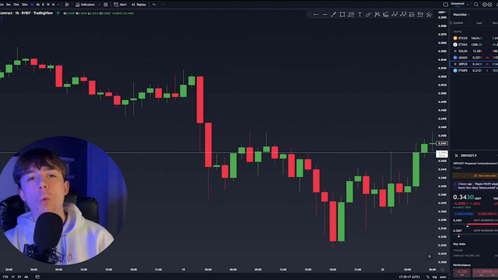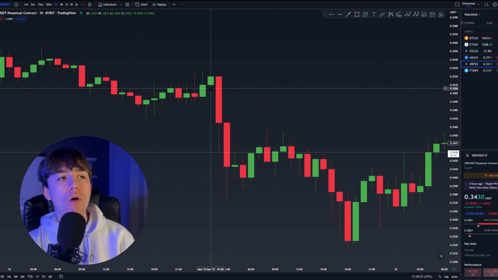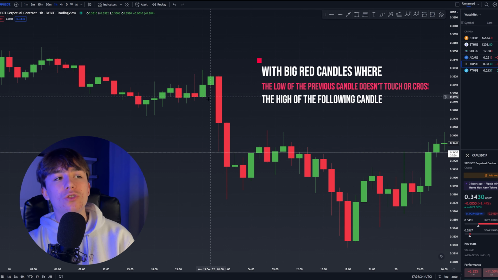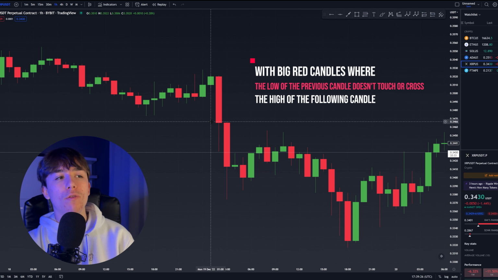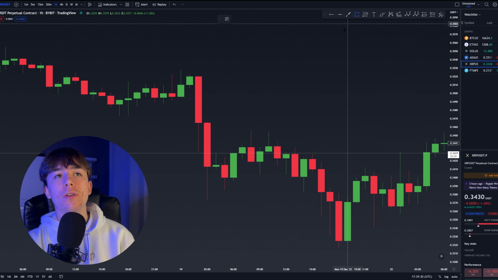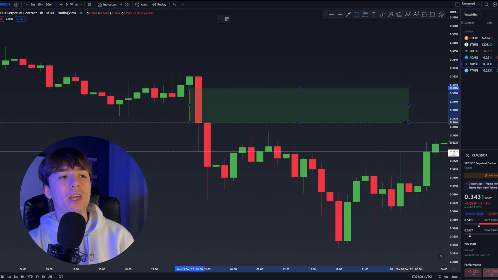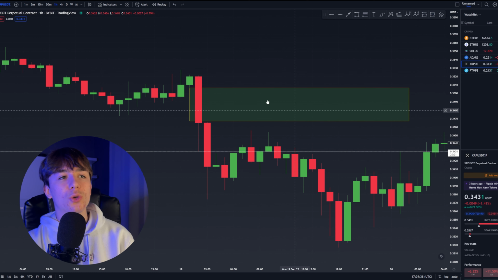So, how do we spot fair value gaps? Whenever we see a big red candle like this, where the low of the previous candle doesn't touch or cross the high of the following candle, we can draw a fair value gap box from the low of the previous candle to the high of the following candle, and now we have created a fair value gap box.